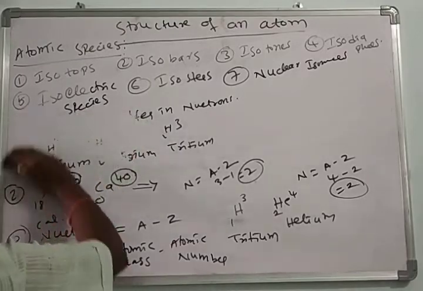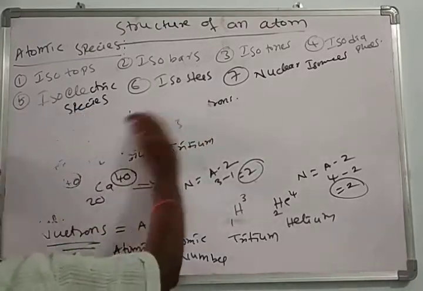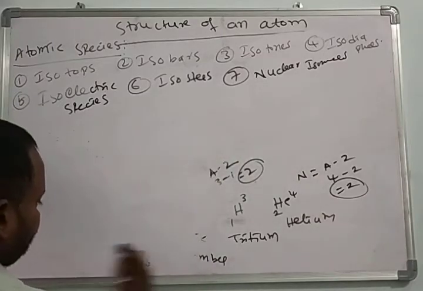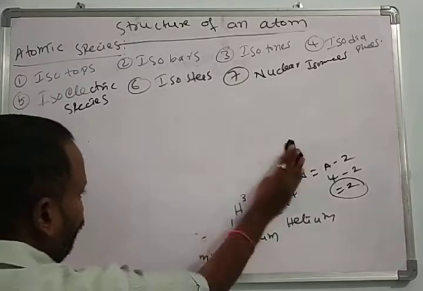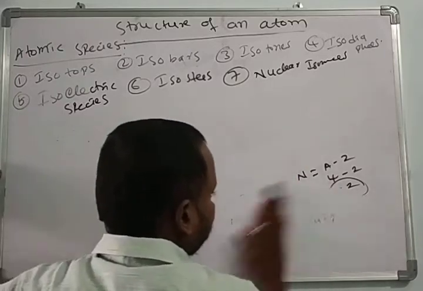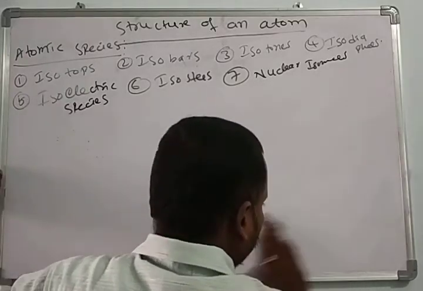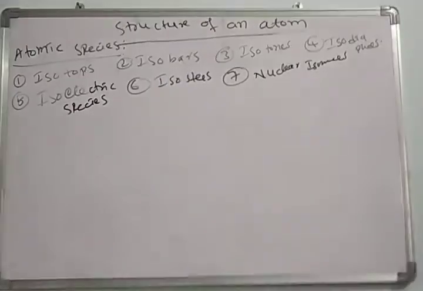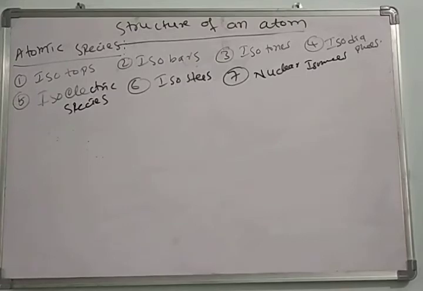Then in continuation we'll see the isodiaphers. What is the meaning of isodiaphers? The species which have different atomic number and different mass number, but the same diaphoric number. How do we calculate the diaphoric number?